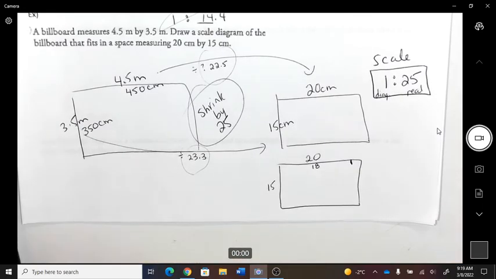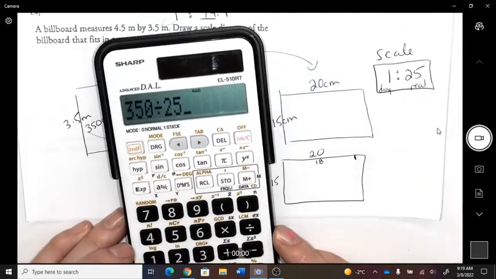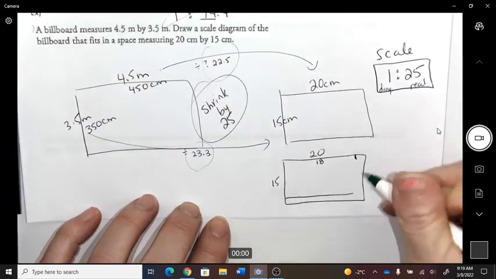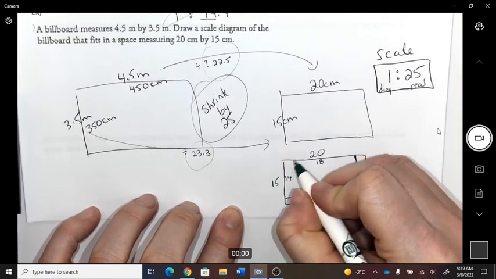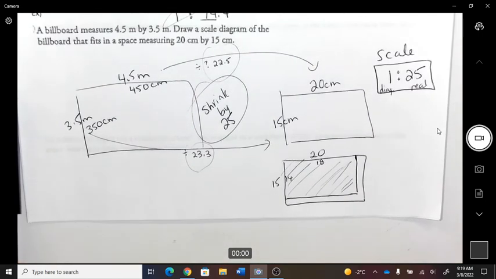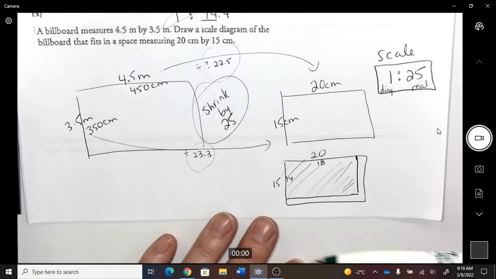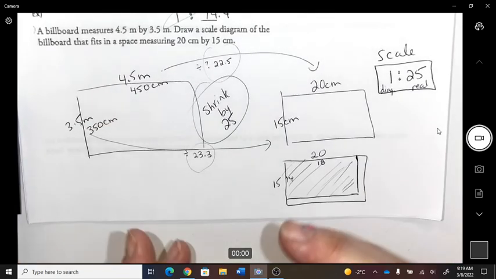And if I was to shrink this by 25, it's 14. And look at that. I can take my piece of paper and work with drawing my billboard on my paper. Okay? And it's okay to have extra room on your paper, right? Think about drawing a diagram. It's okay to have space around there, but you just need to make sure it fits on your page.